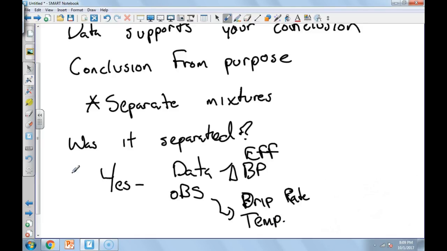All of those things lead you to determining whether you have separated the mixture or not.